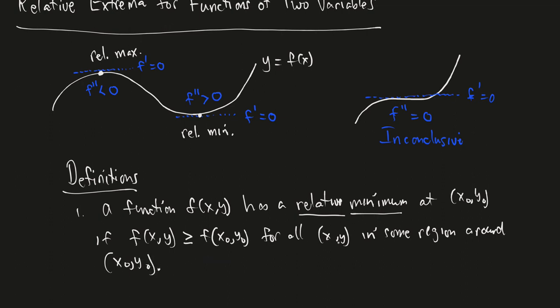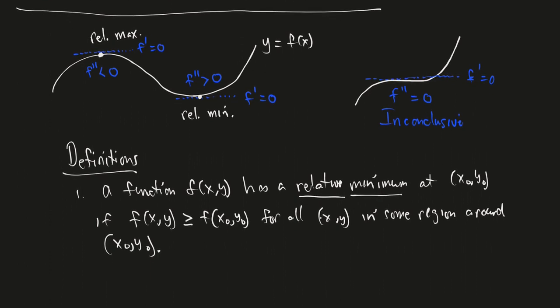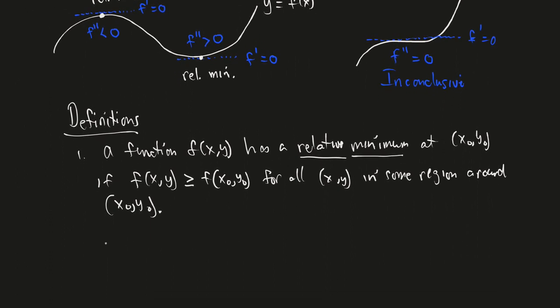So it's not for all x and y, but this whole idea in some region around. That's like when you're zeroed in on a particular part of the surface and you see that it kind of bottoms out. It has a specific low point in that particular region, and we refer to that low point as a relative minimum.